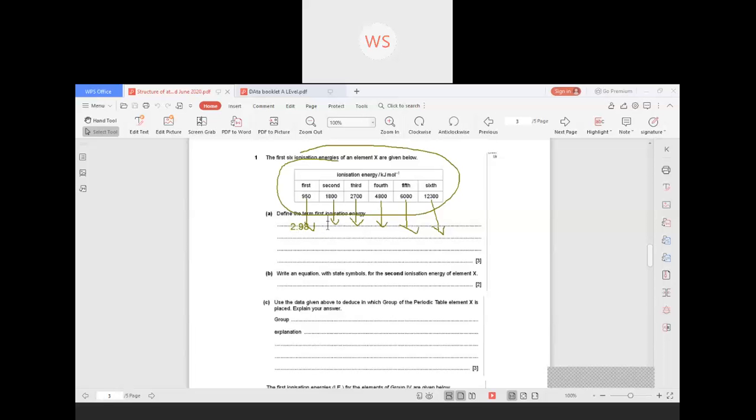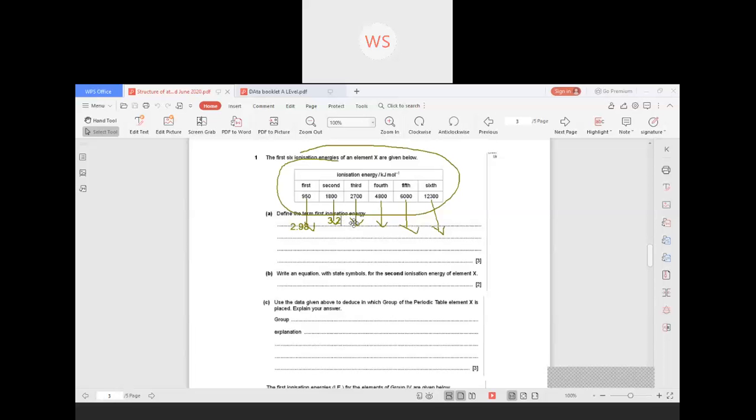And then what is the log 10 of 1800? 3.28. Three significant figures, please. 3.28.